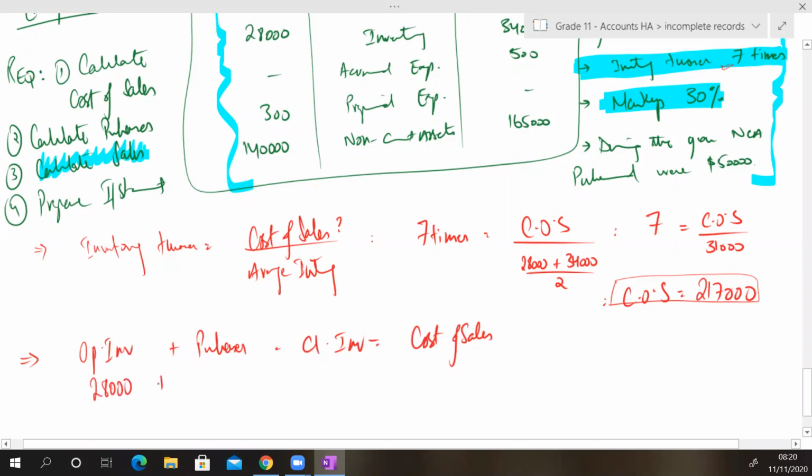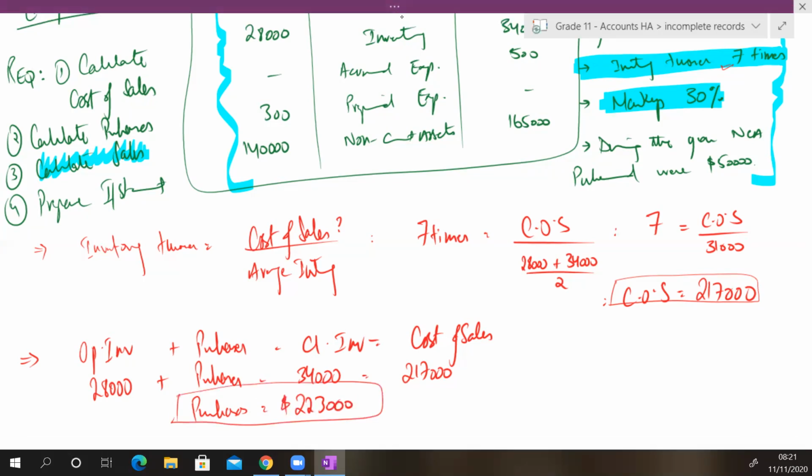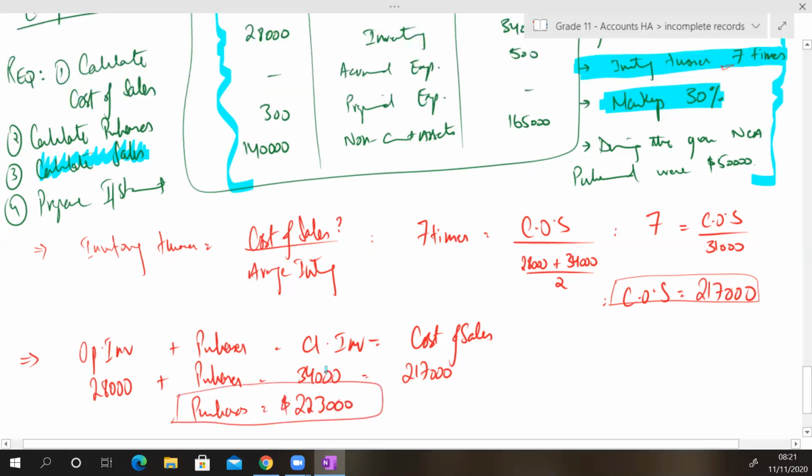Opening inventory is 28,000 plus purchases minus closing inventory is 34,000 is equal to cost of sales is 217,000. ठीक है जी. तो purchases की वैल्यू कितनी आई? 223,000 की वैल्यू आ गई परचेजेस की. ठीक है. कैसे?